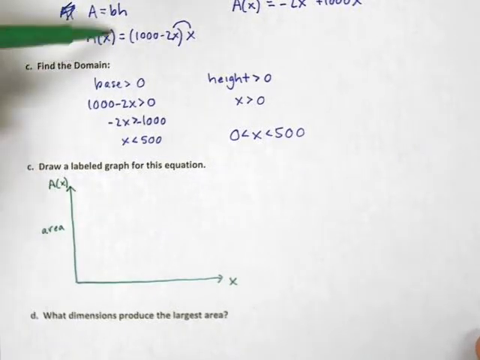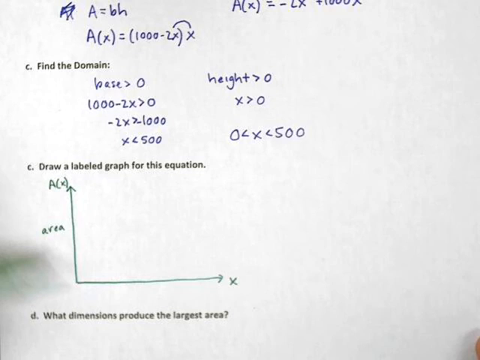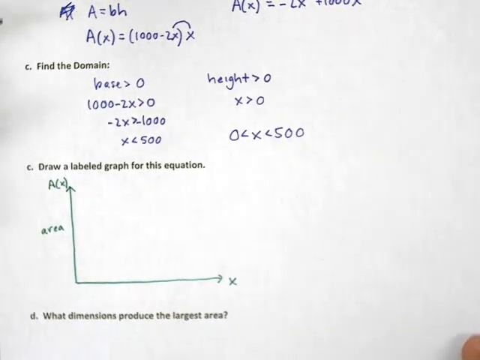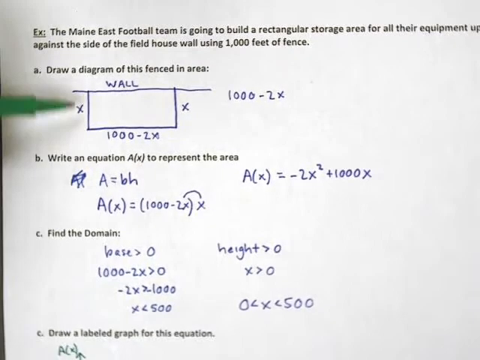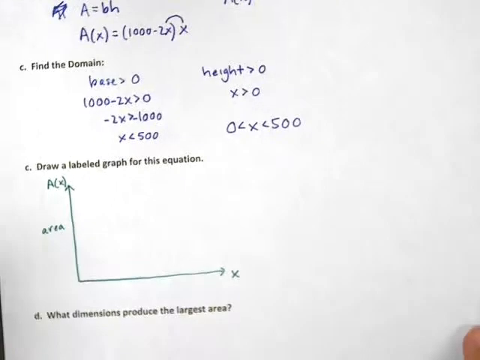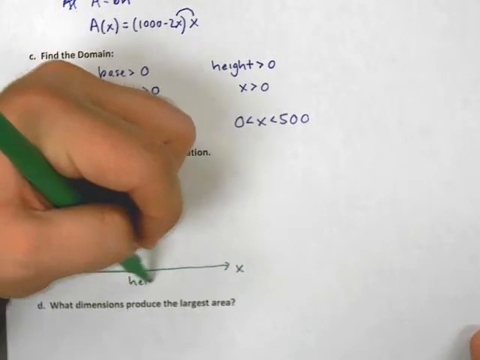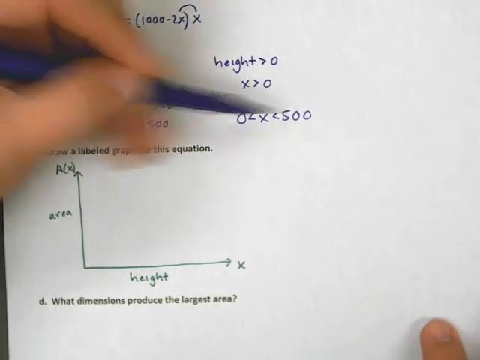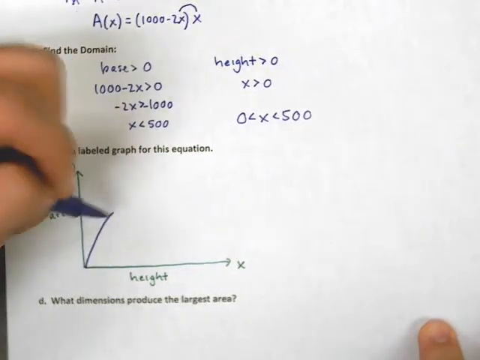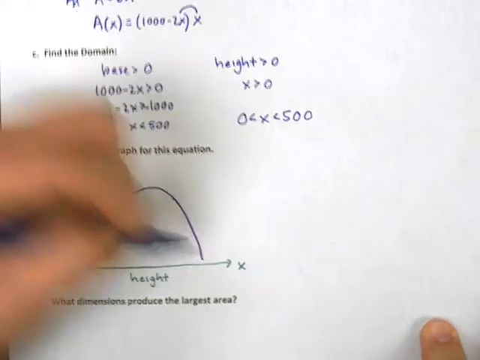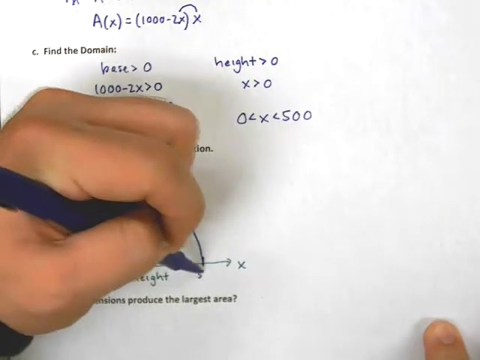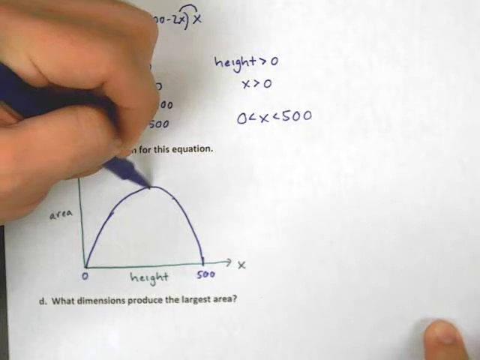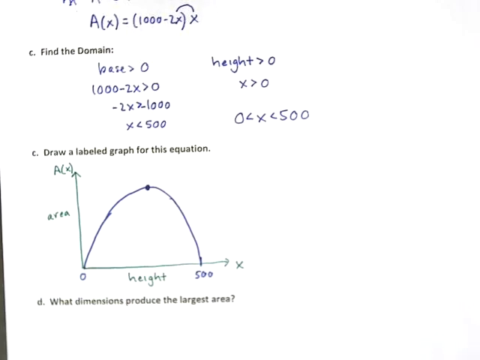Area along the y because that's our function name, x along the x, and again, in my case, because in my picture I drew x as the height, I'm going to write height. This is not something that you have to get super hung up on, okay? But we do know that our domain is from 0 to 500, so when we draw our parabola, we know that this will be at 500, this will be at 0, and we need the maximum point, okay?